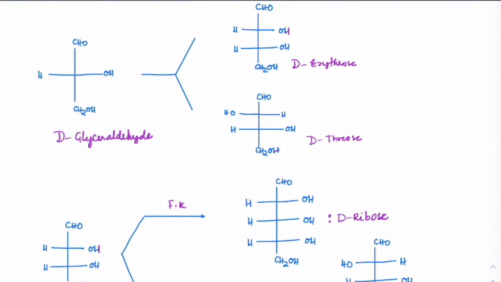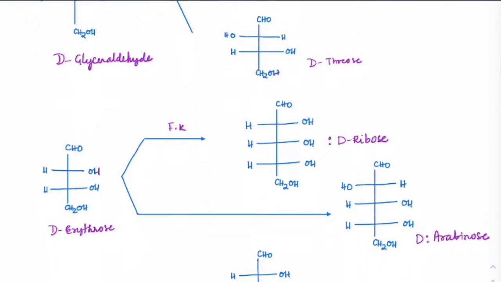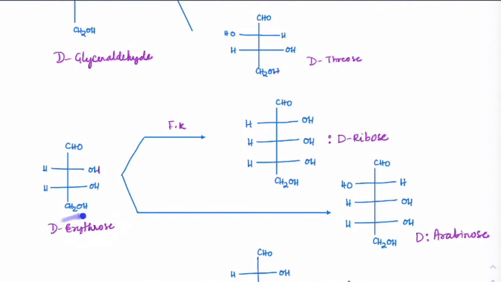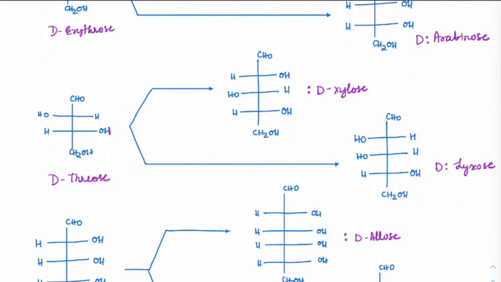So you can see that D-glyceraldehyde first gives D-erythrose and D-threose, and from D-erythrose again if you do Fischer-Kiliani, we will get D-ribose and D-arabinose. And from threose, we will get xylose and lyxose.